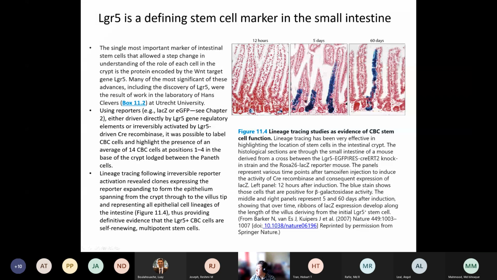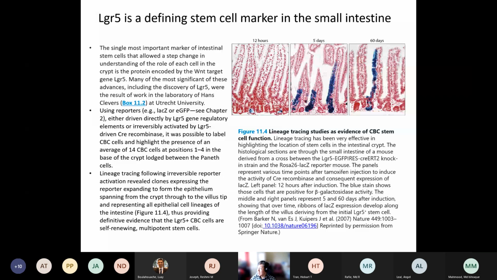So here, what they show using lineage tracing is LGR5-Cre crossed with ROSA26 beta-gal.